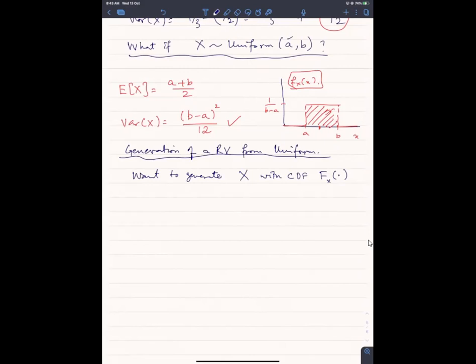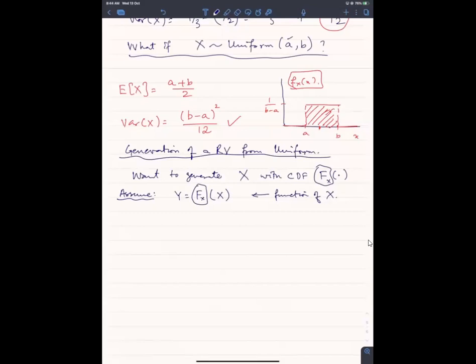So assume इसको जनरेट करने के लिए assume करते हैं कि y is equal to capital Fx of x. ये एक ऐसा random variable है. Y is a random variable, is a function of x. लेकिन ये एक ऐसा फंक्शन है कि ये जो मेरा CDF वाला फंक्शन था मैंने उसी को ऐसे फंक्शन के तौर पे इस्तेमाल कर लिया.